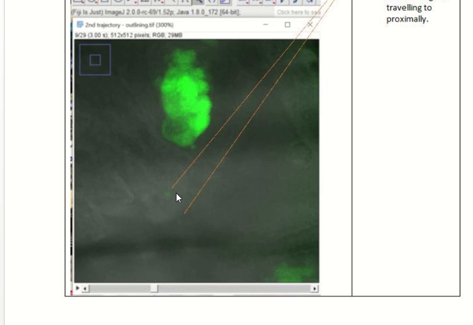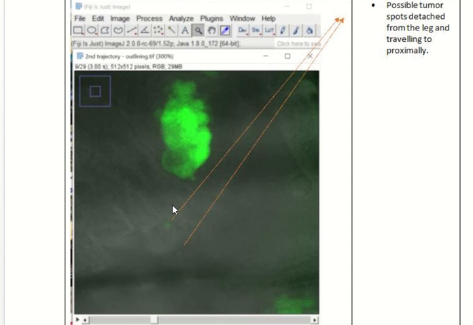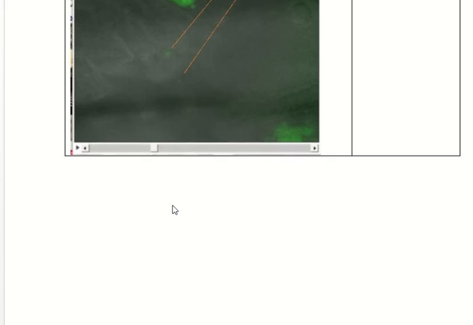I think Levi also found something like that, two pieces of tumor that seem to be detaching. So we said that they seem to be detaching, but as I said before, we should check in detail what is happening.